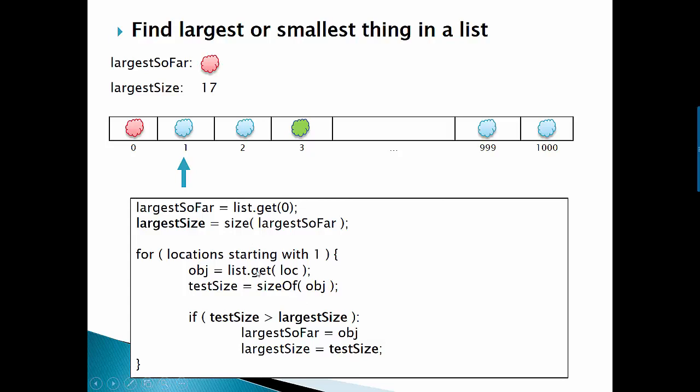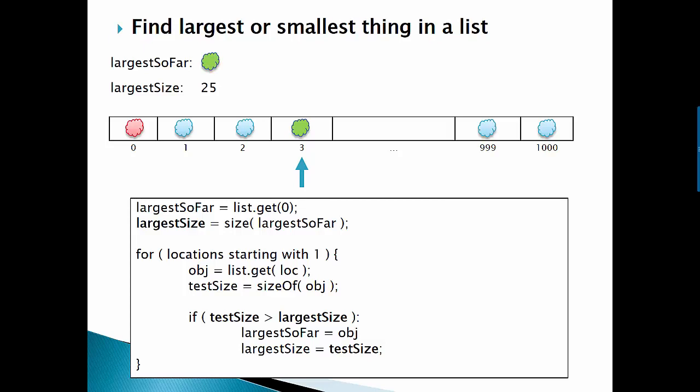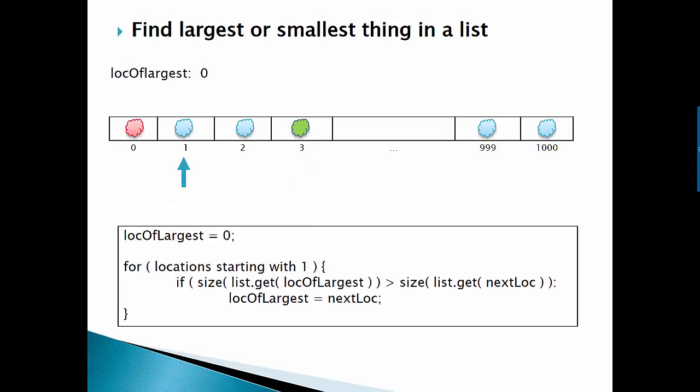So this variation lets you only calculate the size of each object once, stored in variables, and then you don't recalculate the size unless you have to because you've moved on to a different item. So if we're going to run this, item 0 has size of 17, and we'll compare it, and we'll compare it, and we'll compare it, and then in our imagination, this is the one that's larger, and so we save two things. We save the object, and we save its larger size, which was 25.